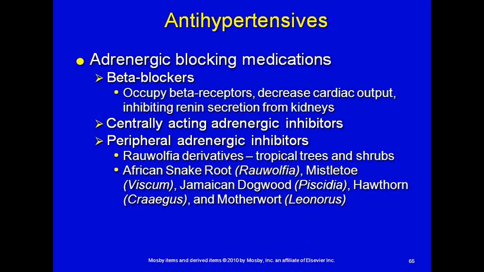They include things like African snakeroot and mistletoe and Jamaican dogwood and hawthorn and motherwort, really names of herbs that may have an effect in dilating vessels out here in the periphery. And any time you make your blood vessels larger, you're going to drop the pressure in the system.